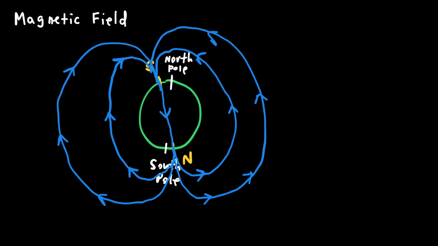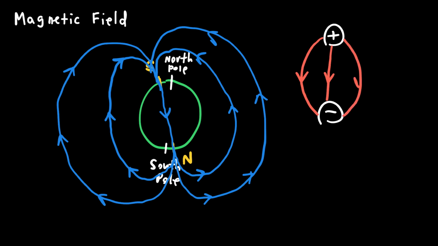For an electric field, if I were to draw a positive charge and a negative charge, and I drew electric field lines, those lines represent the force that a positive charge would feel, which means they need to go from positive to negative, something like this. Which means all of those electric field lines started on a positive charge and ended on a negative charge, something like that.